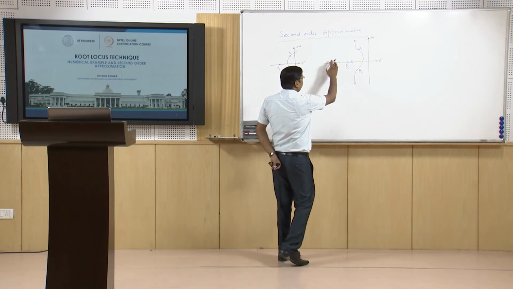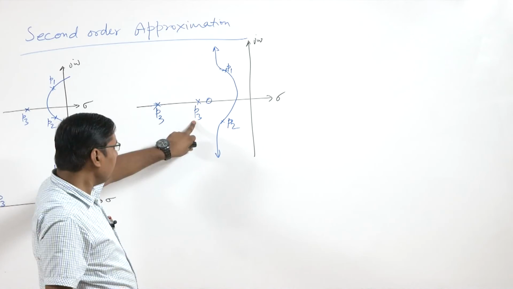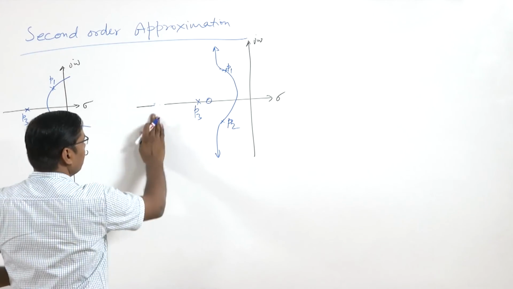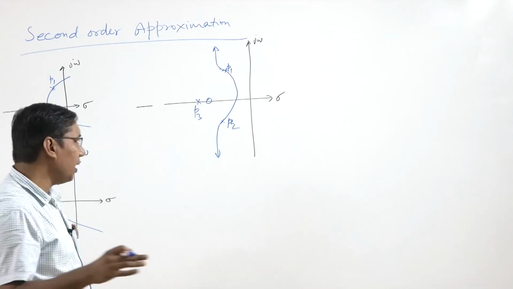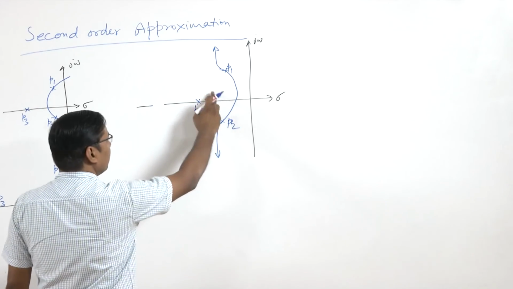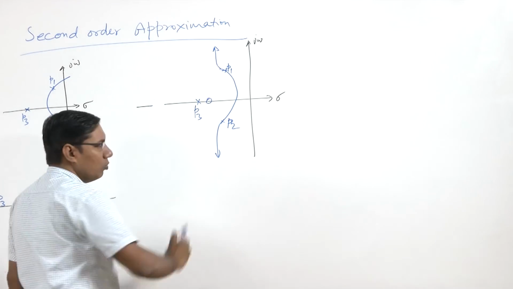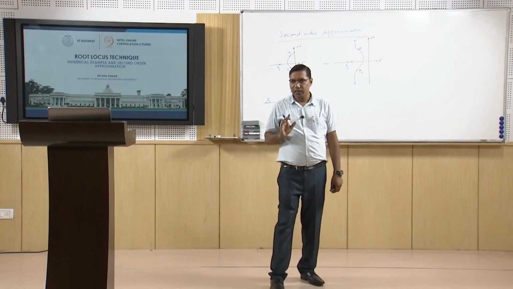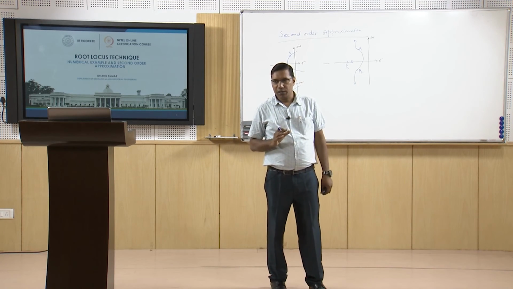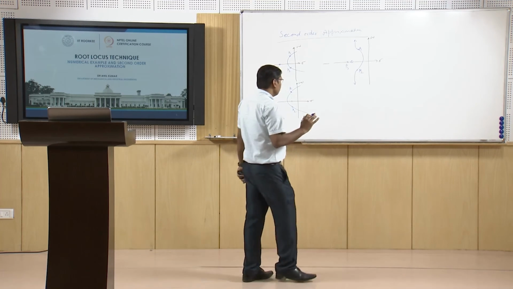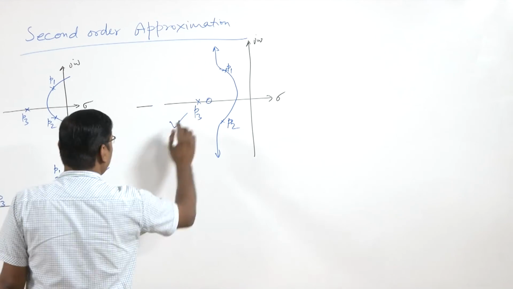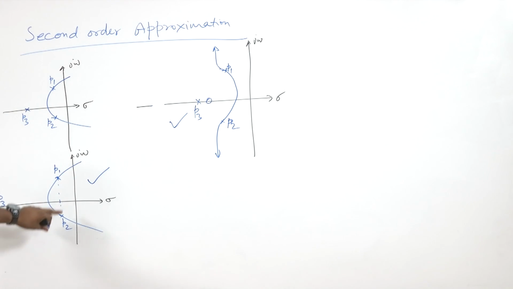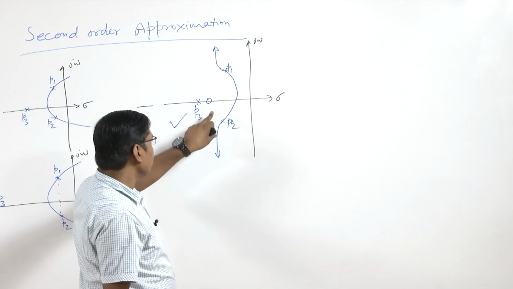So, even if this P3 is close to these dominant poles, its effect is cancelled by the zero that is near to this pole, and in this condition also we can approximate this higher order system as second order. Okay. So, these are the two conditions when we can approximate the third order system as a second order system.